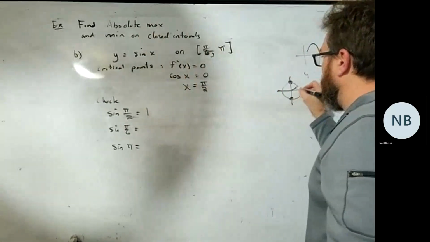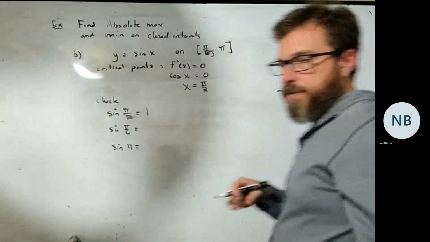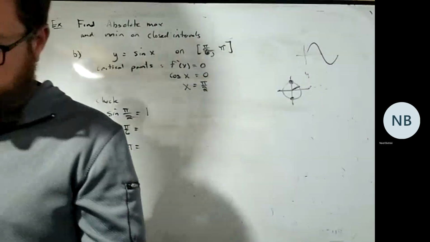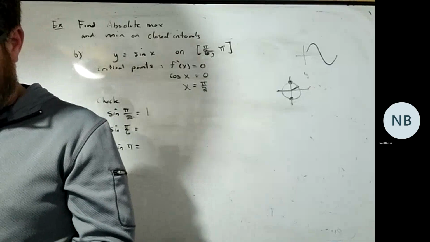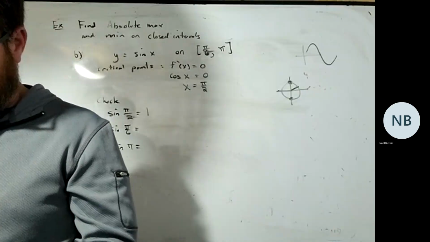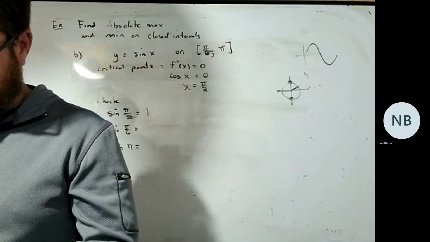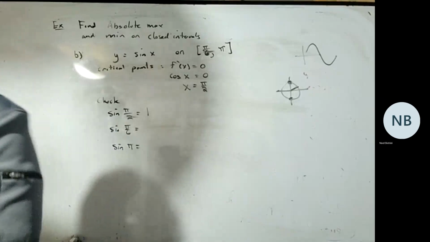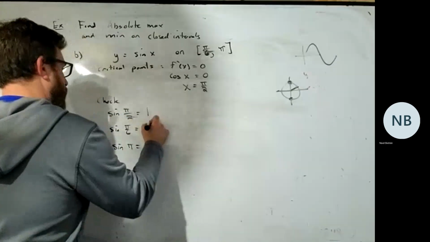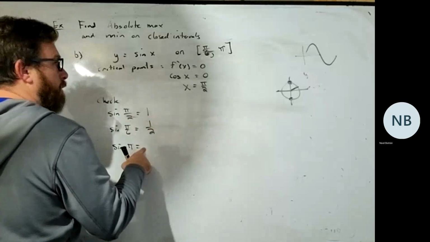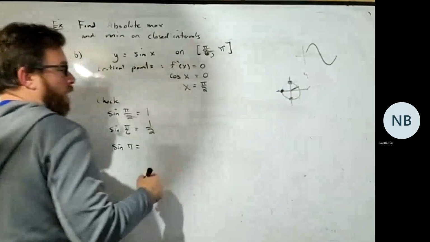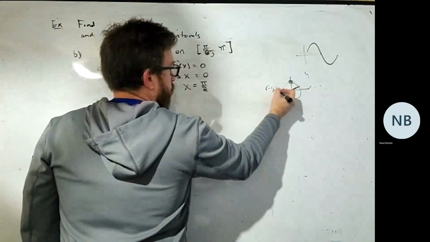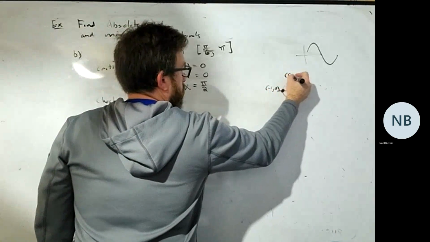Pi over 6 is 30 degrees, which is going to be here. That should be a half. Let me double check. Yep, half. And then the sine of pi will be right here. The sine is the y coordinate, so this is 0.